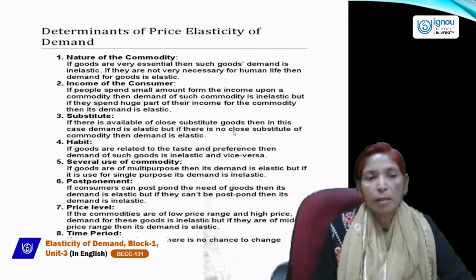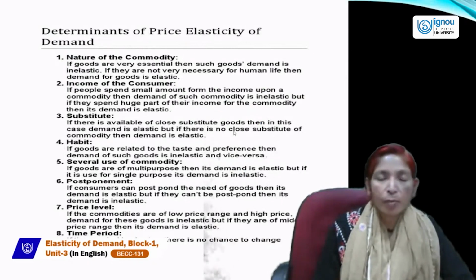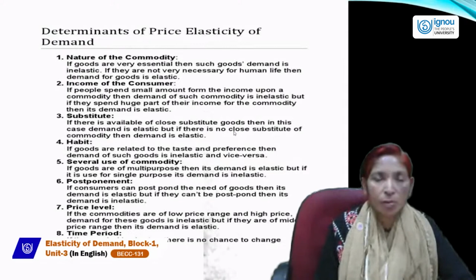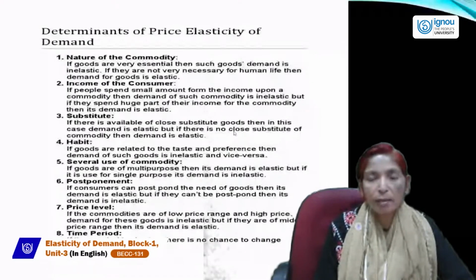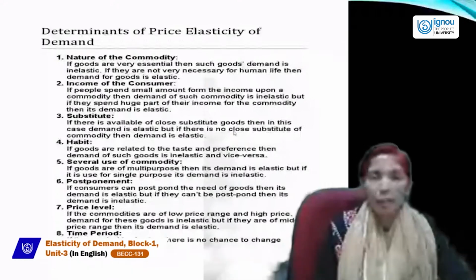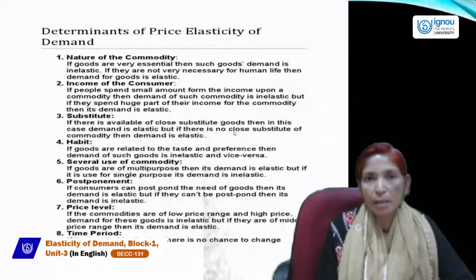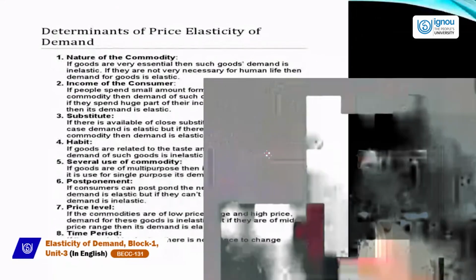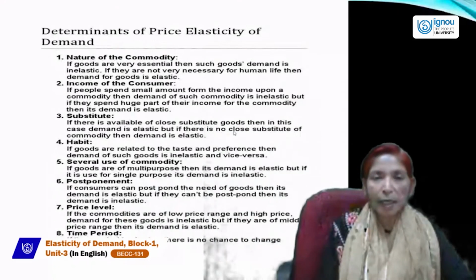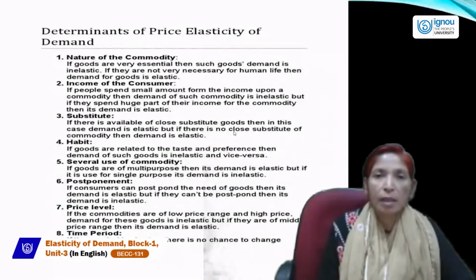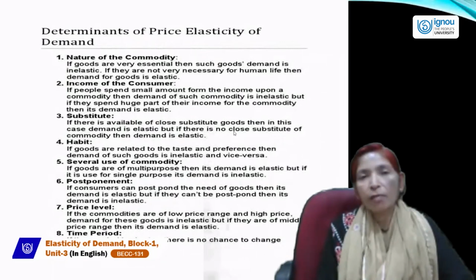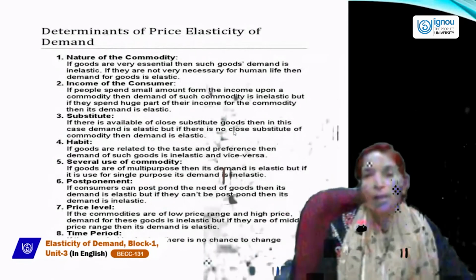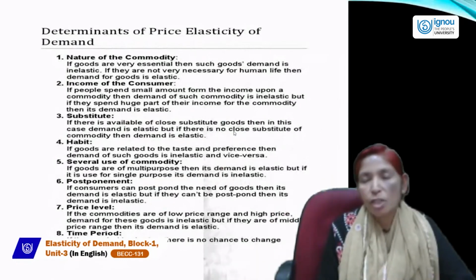For example, we spend a very small proportion of our income on newspaper, toothpaste, matchbox, candle, etc. If any change occurs in the price of these commodities, our demand will not change. So if we are spending a very small proportion of our income on such commodities, then demand will be relatively inelastic, or will not change.